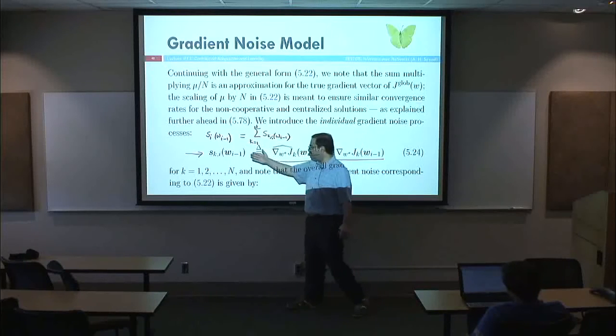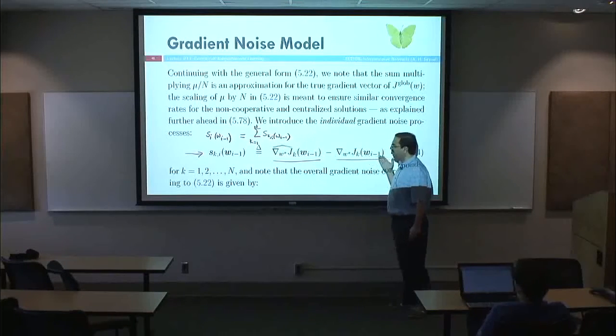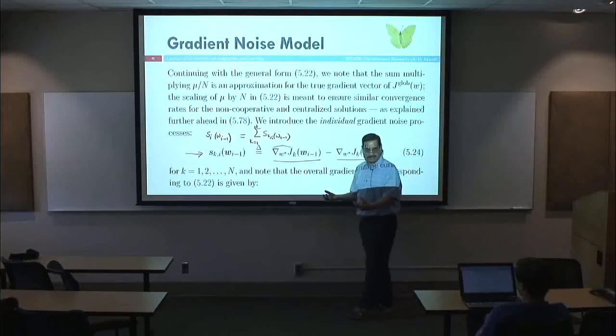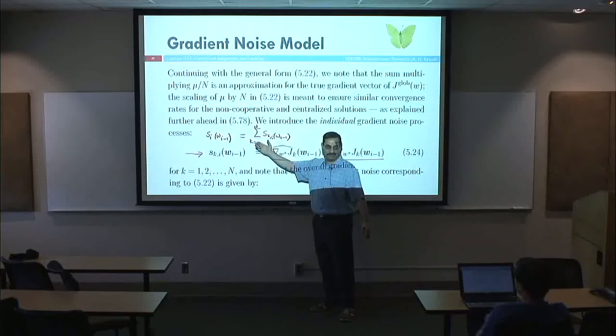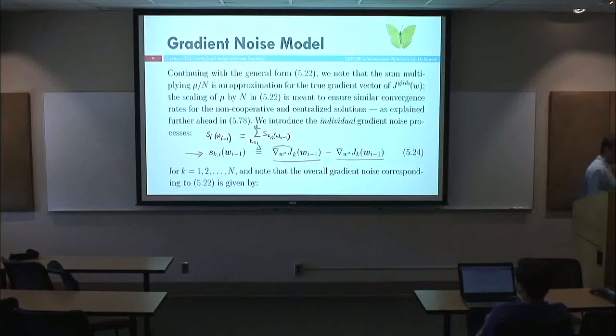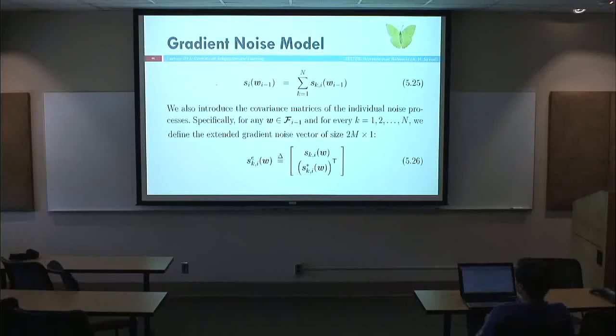So all this is saying, if I define these individual gradient noise processes, the actual gradient noise in the centralized solution is the sum of these individual gradient noises. Very good. So here it is.